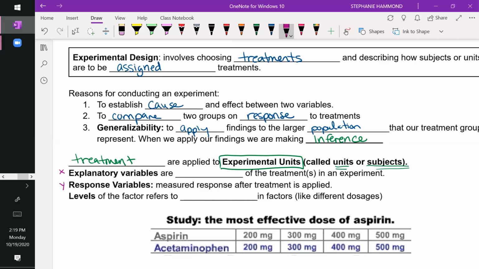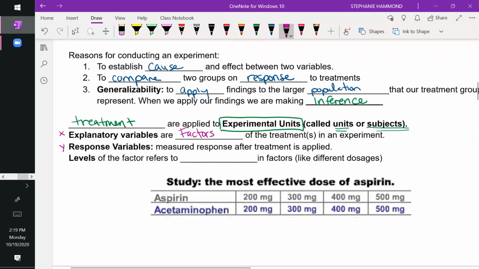So in an experiment, the explanatory variables are the factors or treatments in an experiment, and the response variable is the measured response after the treatment is applied.